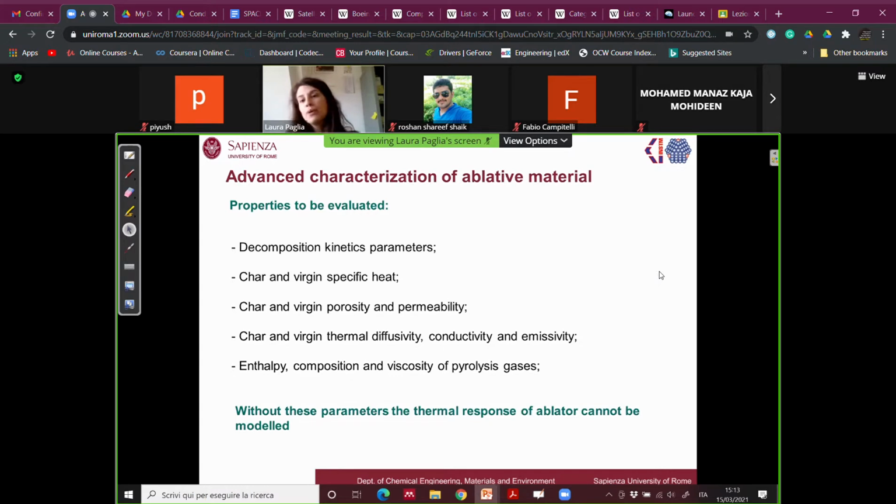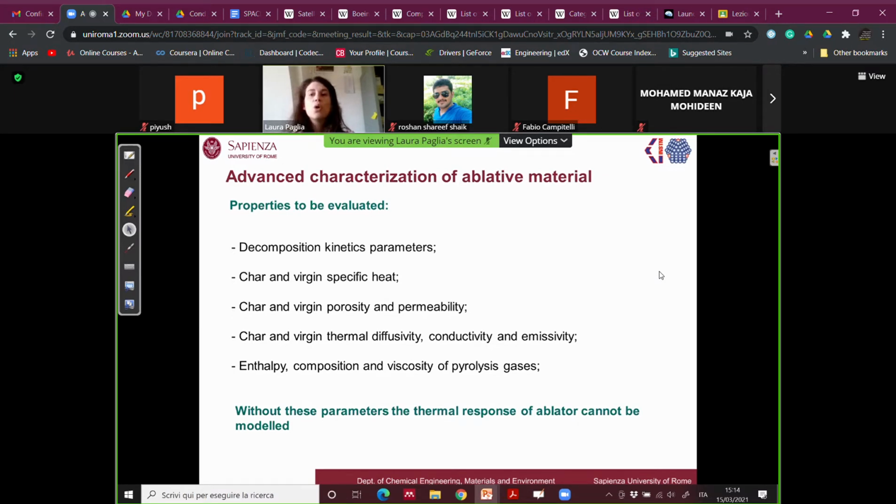If you remember the blockage effect, it is caused by the gas that flows through the boundary layer, and in this way it can hinder the convective exchange with the outer part of the material, in which we have a flux at high temperature, even at 3000 degrees.